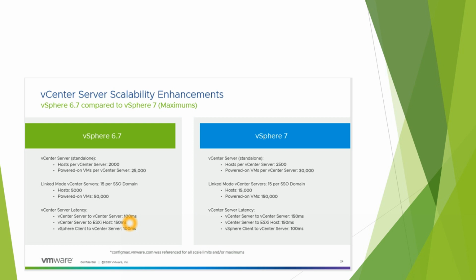Before, the server to server vCenter latency was 100 milliseconds. Now it's 150 milliseconds. vCenter to ESX host is still 150 milliseconds, as you can see, and vCenter to vCenter is 100 milliseconds. So don't get too carried away with these. These are more technical terms. Let's focus on these. So obviously you got the idea. Let's move on.